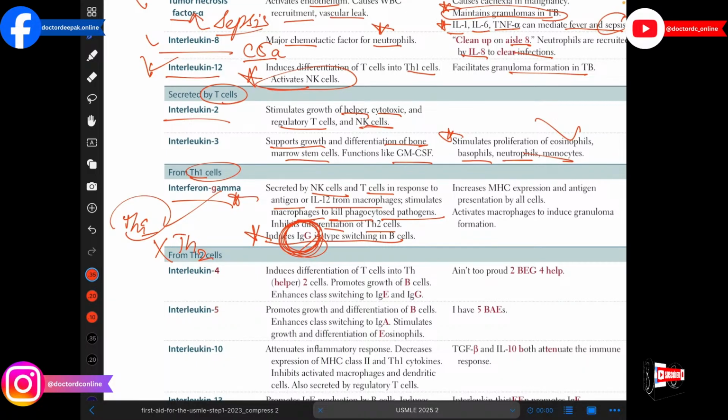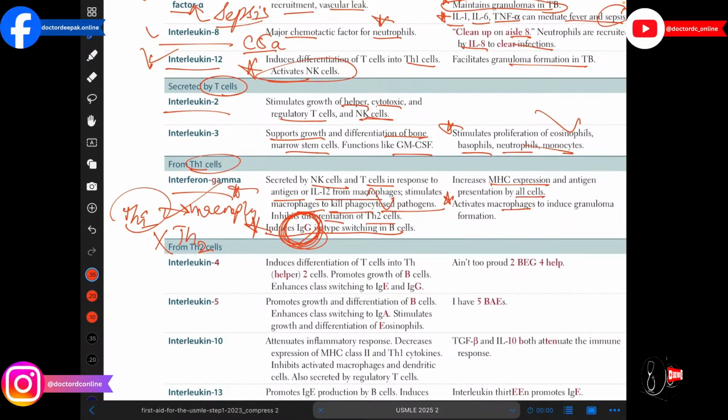And secondly, in macrophages, it stimulates phagocytosis of pathogens and increases MHC expression and antigen presentation. It also activates macrophages to induce granuloma formation.